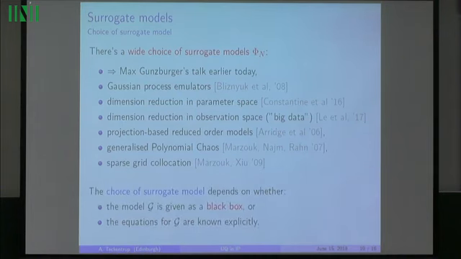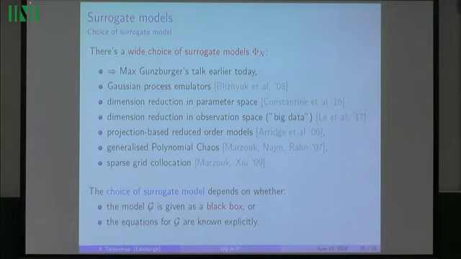One important distinction, which we've discussed a lot about in the program, and which was also discussed in the talks earlier today, is whether the model G that you're given is given to you as a black box, or whether you actually know what the equations for G are. Okay? So if your model G is given to you as a black box, then all you can do is evaluate G. You don't have any idea of the structure of G or anything like that. All you can do is evaluate it, and then you're a bit more restricted in the methods that you can use.